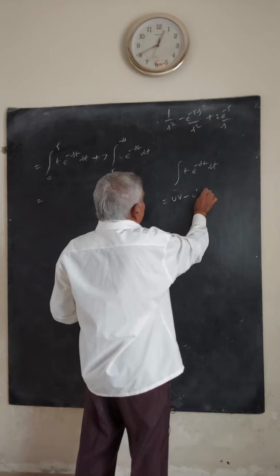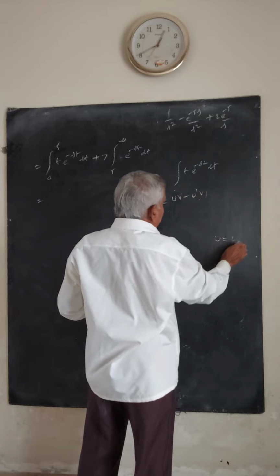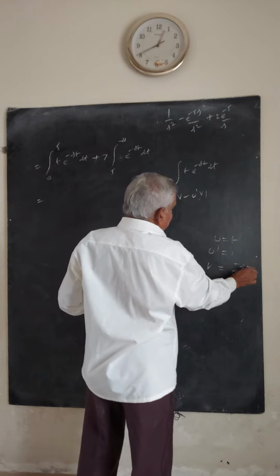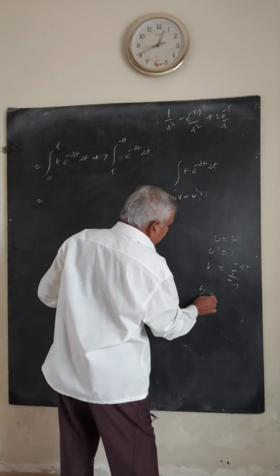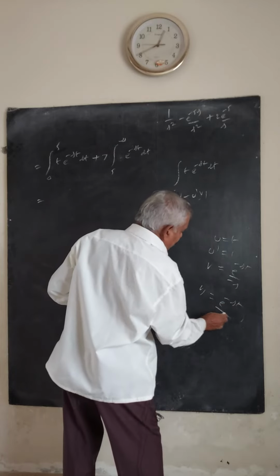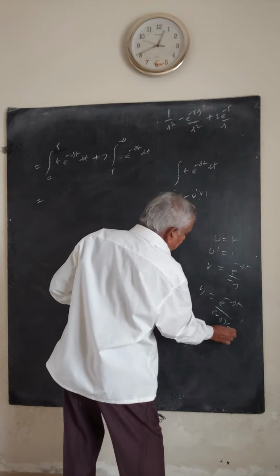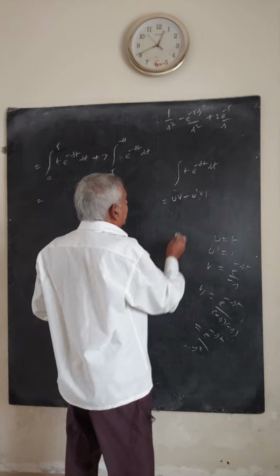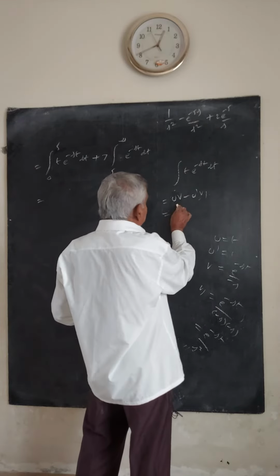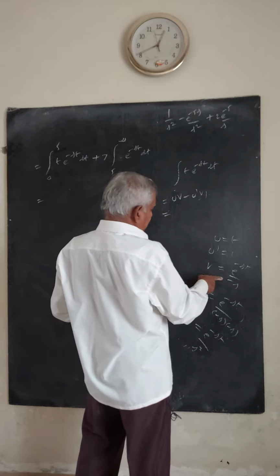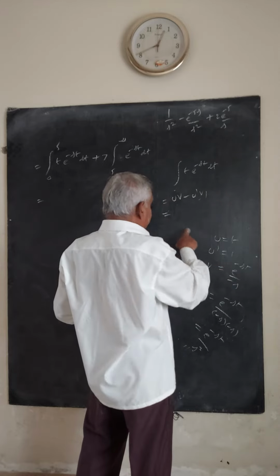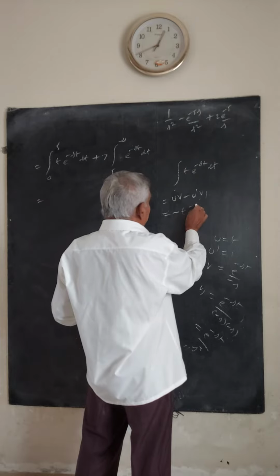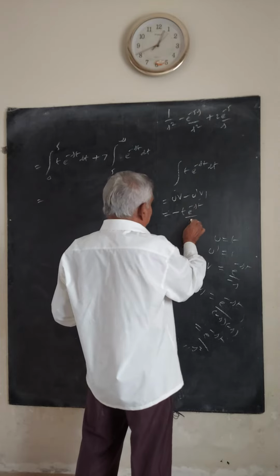Here uv minus u dash v1 and so on. u equal to t, u dash equal to 1. v equal to e power minus st by minus s, v1 equal to e power minus st by s square. Since u is positive and v is negative, the first term is minus t e power minus st by s.